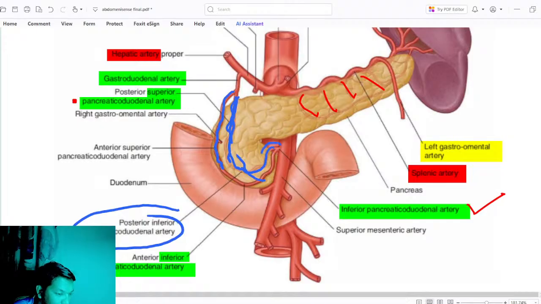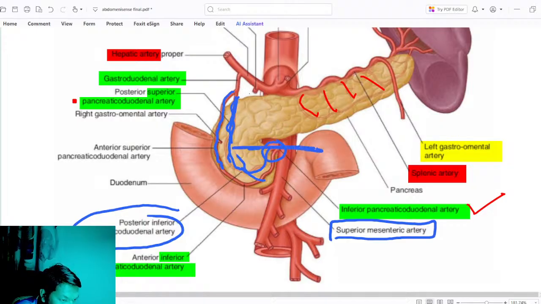These both inferior branches of the pancreaticoduodenal artery are the branches of the superior mesenteric artery. So the superior mesenteric artery giving branches, one anterior, one posterior. According to location, this is inferior and this is superior. That's why their names are superior.